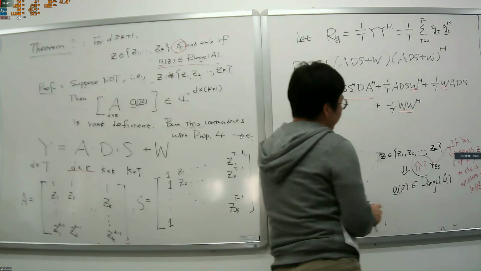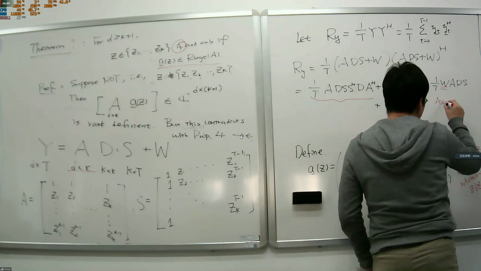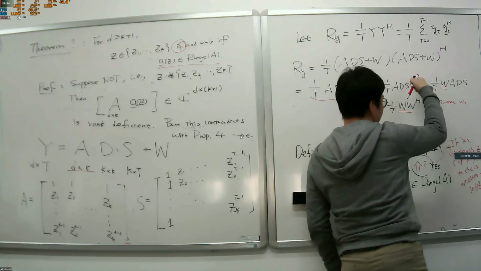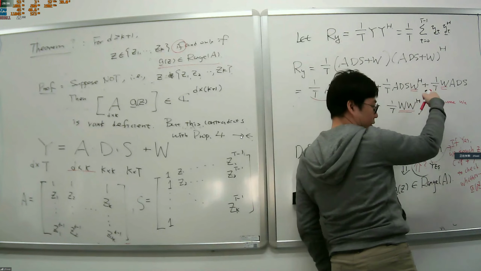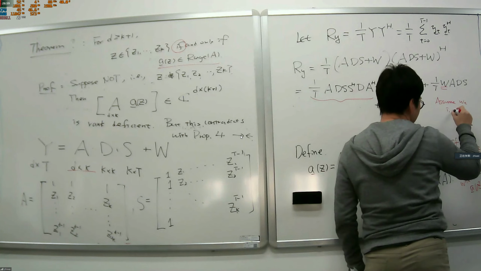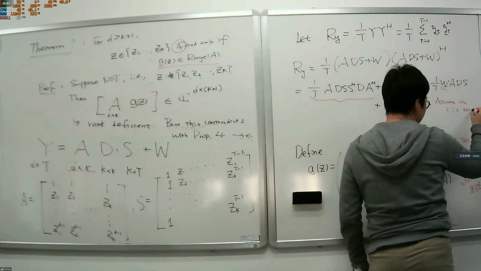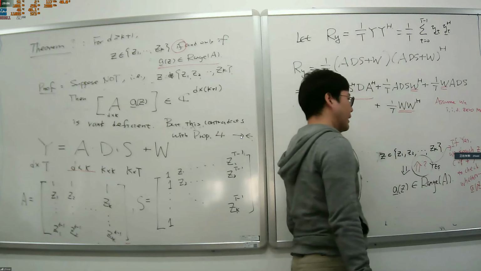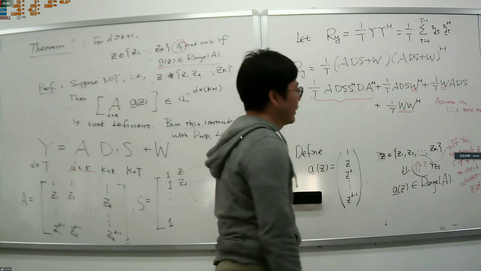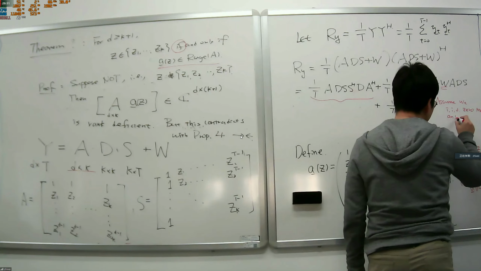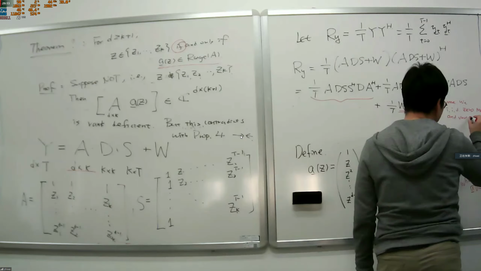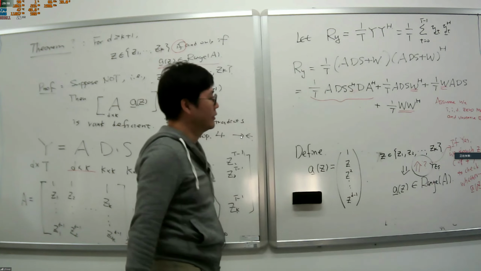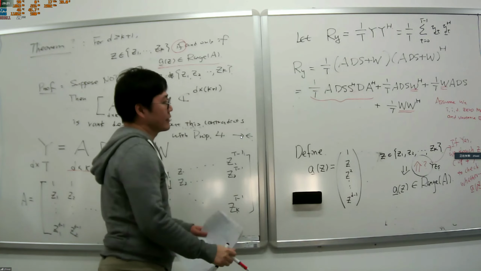If you assume that these elements in this matrix W are independent, identically distributed, zero mean, and their variance or power is sigma W squared.